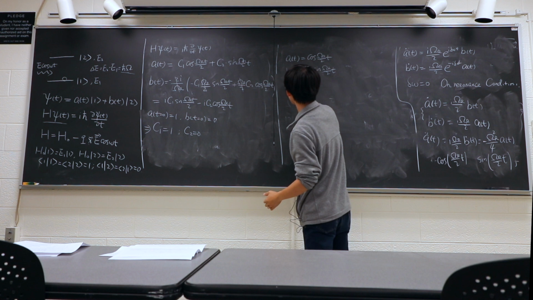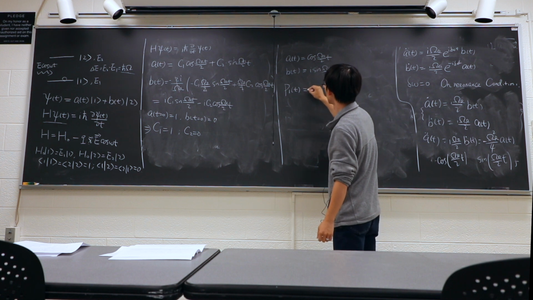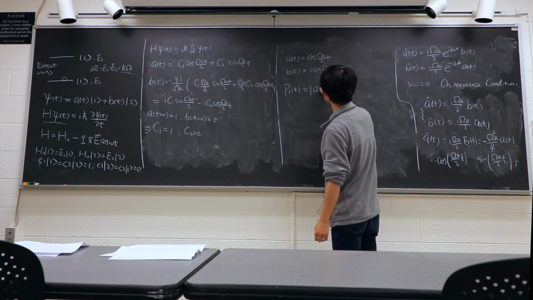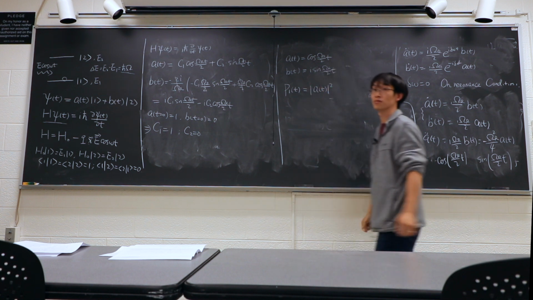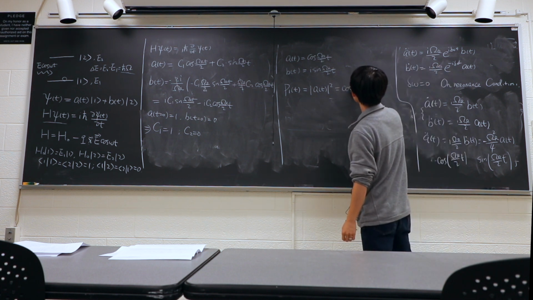So the probability of being in the ground state, |A(t)| squared, equals cosine squared.